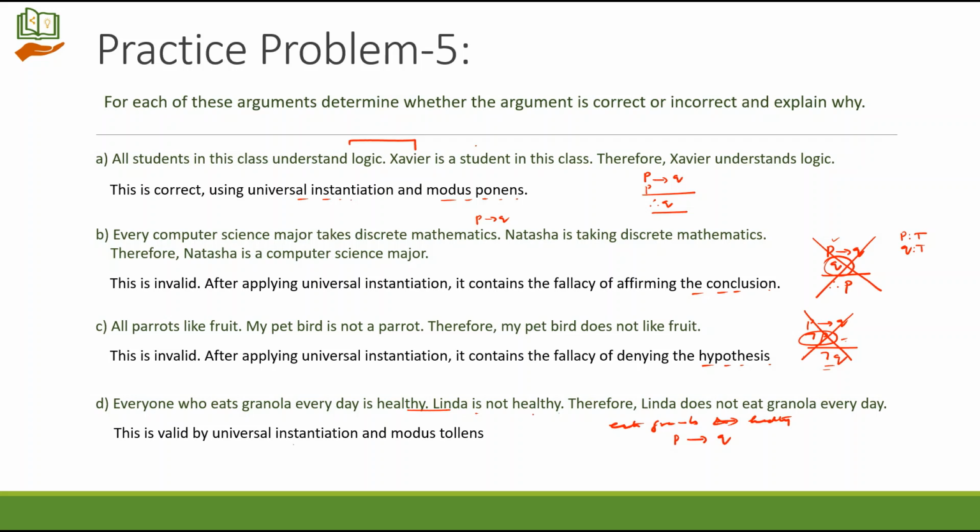After applying universal instantiation, it is negation of Q. Now, what is the conclusion? It is negation of P. What is P? Eating granola. Negation of P will be Linda does not eat granola every day. So, this is modus tollens. Since we have two rules of inference, we say that this argument is valid.